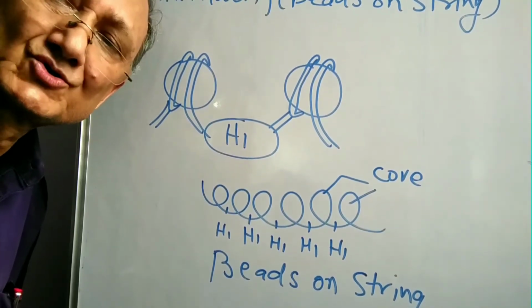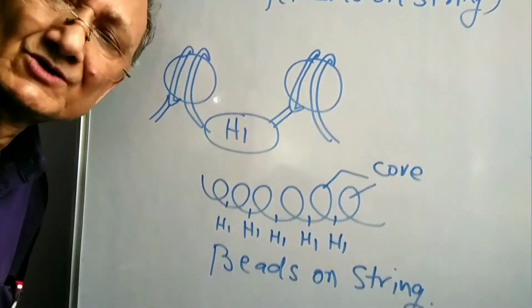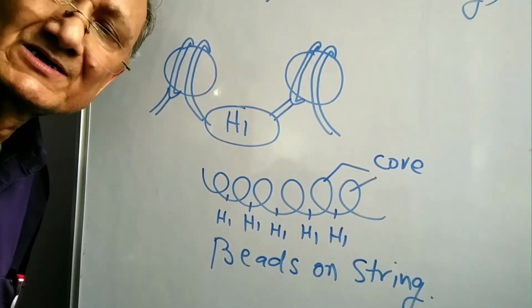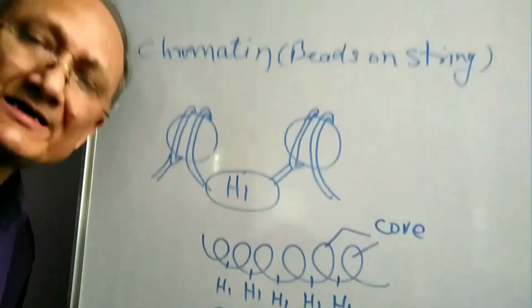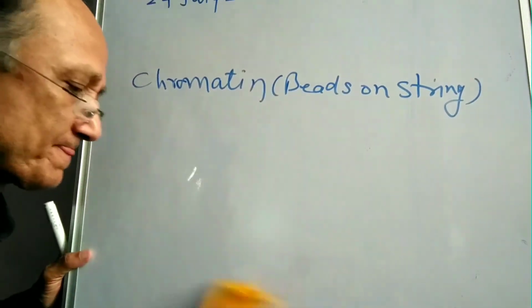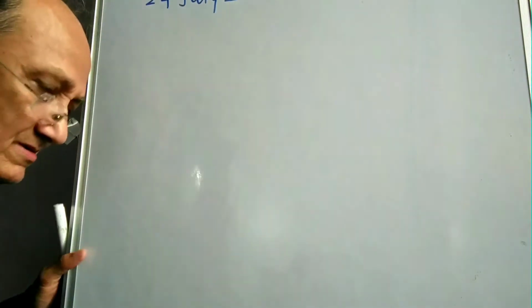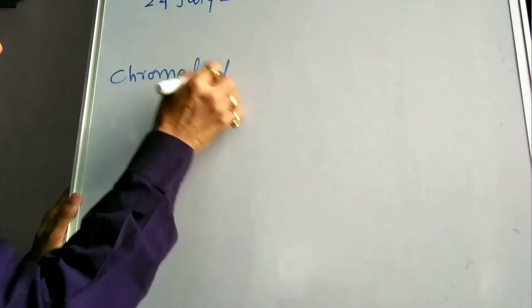Now come to know chromatid. So two chromatin fibers, small or large, constitute one chromatid. Let us see. Chromatid.